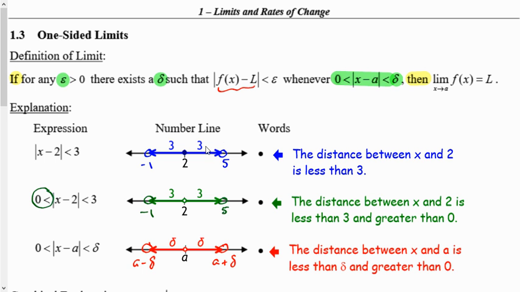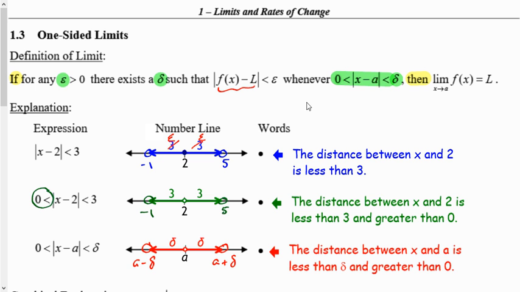We're saying that that distance is less than epsilon, so rather than 3's here, we could say, oh, these are epsilons. We can go epsilon to the right or epsilon to the left. Since it's a function value, it would help for us to think of it vertically. So we could go up epsilon and we could go down epsilon units.